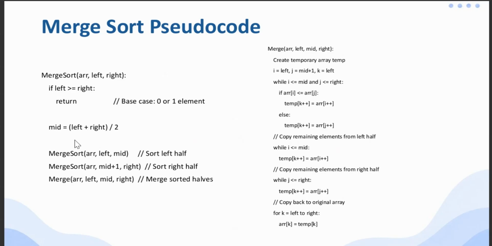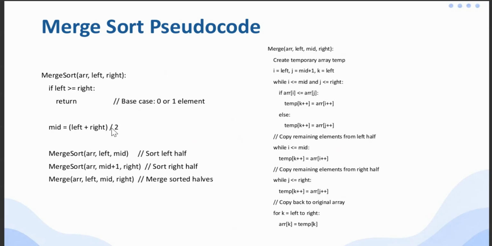So let's discuss the pseudocode. The base case here handles the array of size 0 or 1 element, as they are already sorted, and we calculate the middle point, which is left plus right, divided by 2, right?